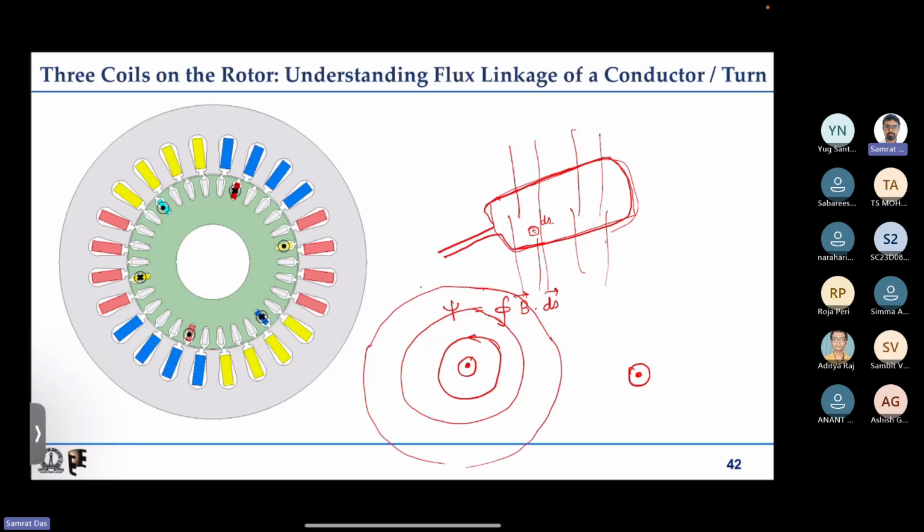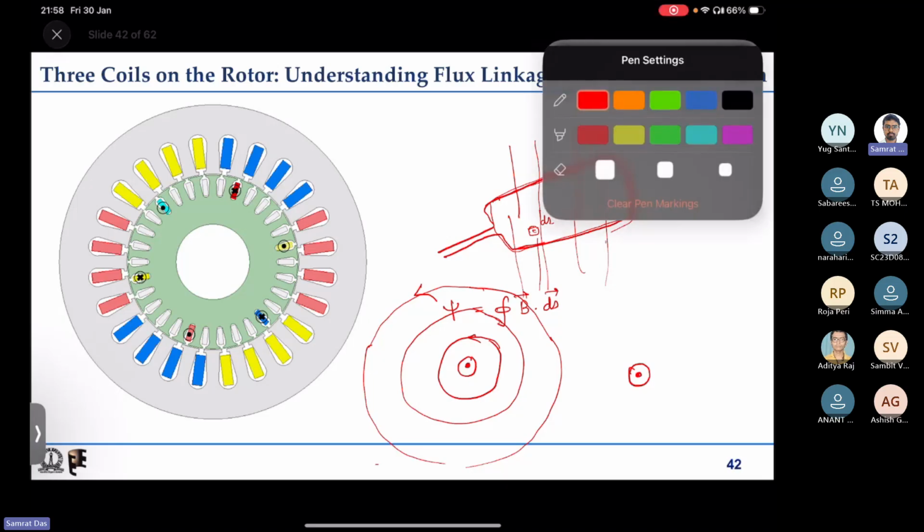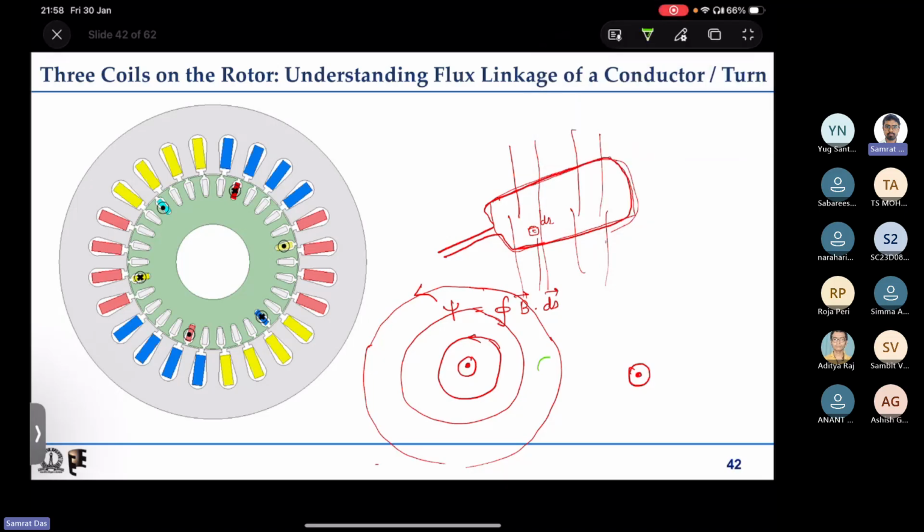Now if I place some other conductor in this region, then some of these flux lines may also enclose this conductor.